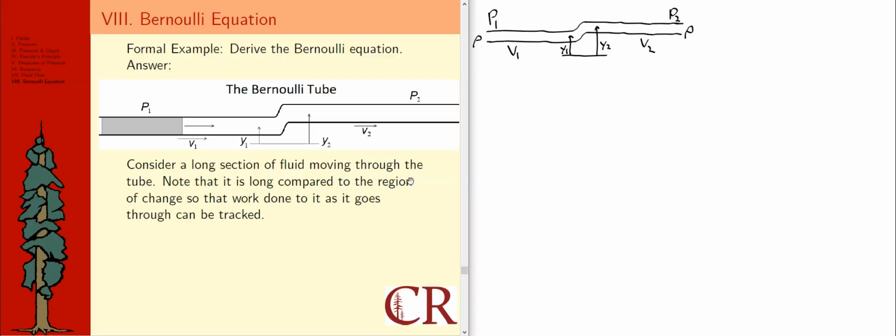Note that it is long compared to the region of change so that work done to it as it goes through can be tracked. It doesn't really matter how long it is, but my intention is that it is longer by a significant amount than that bend that happens in a relatively short distance there. So the length should correspond to a much greater distance.